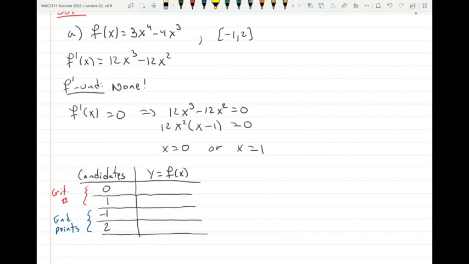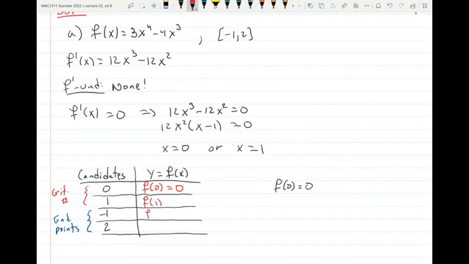So let's see. F of 0. What's the value of the function at 0? Well, that's just 0. So f of 0 equals 0.